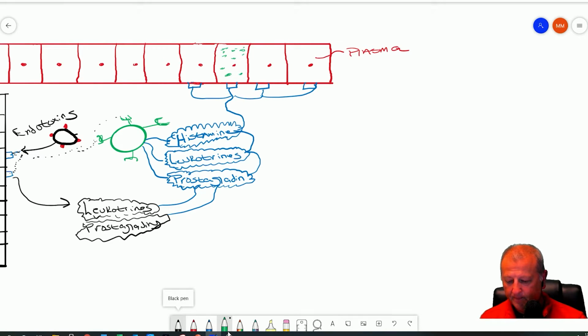All right, so what's going to happen is this. When histamine, leukotrienes, prostaglandins come up here and meet up here, they're going to meet up here with the plasma.